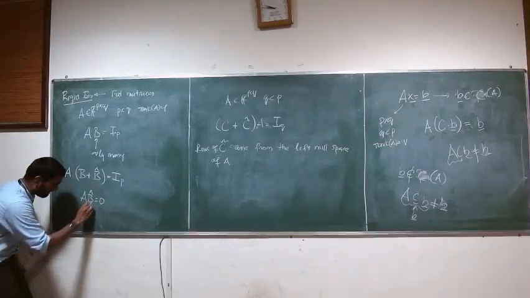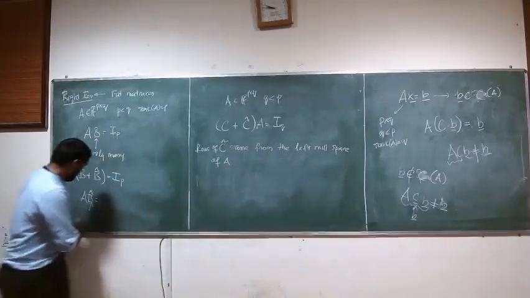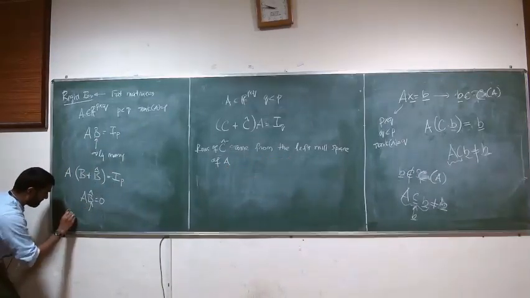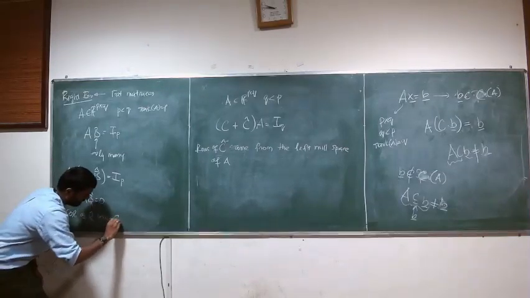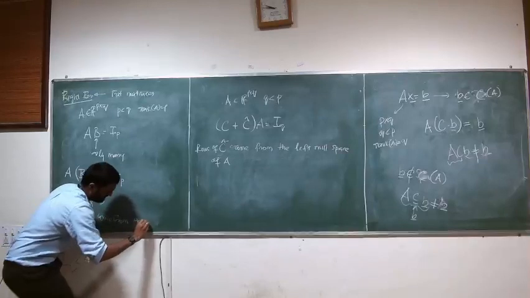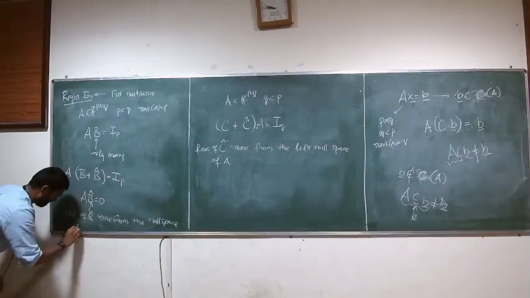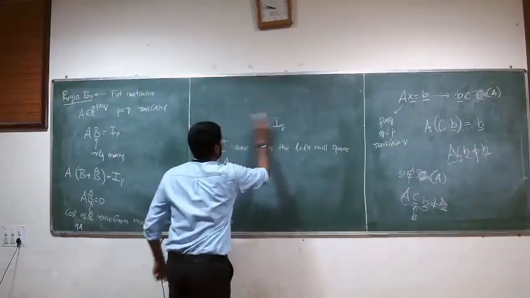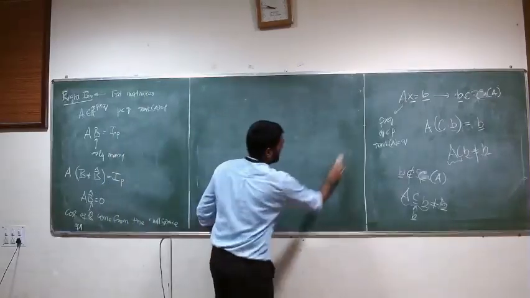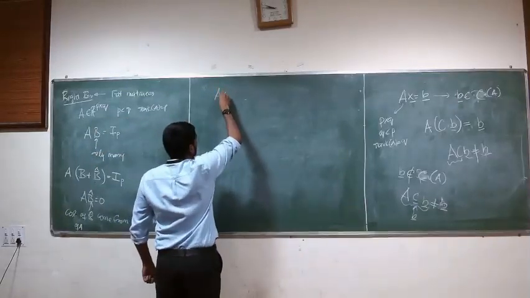Here the rows of C cap came from the left null space. So here the columns of B cap come from the null space of A.